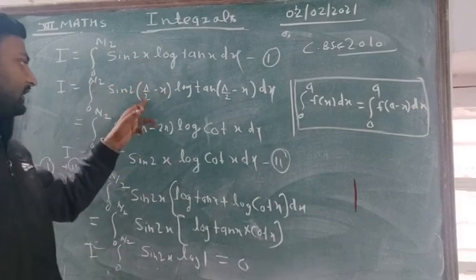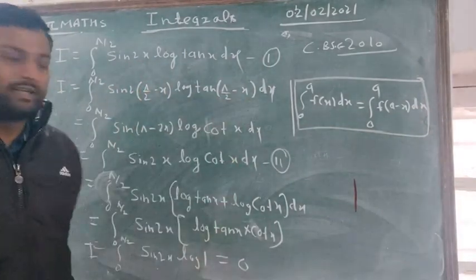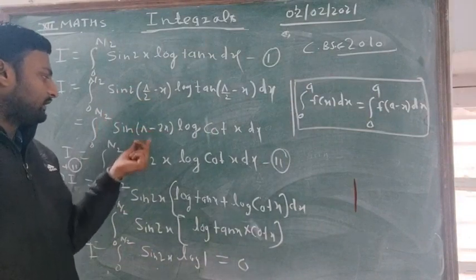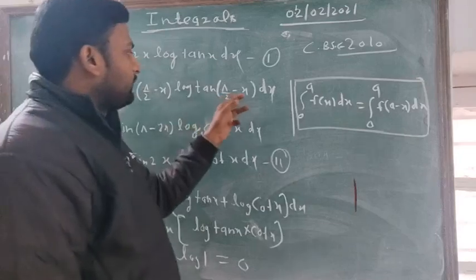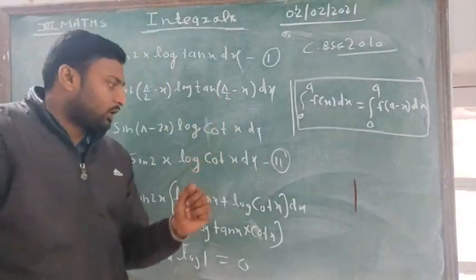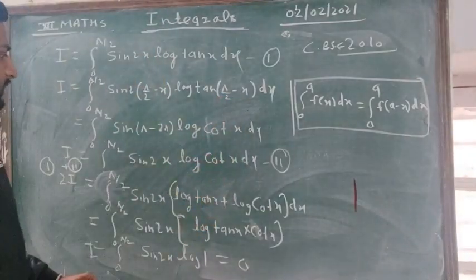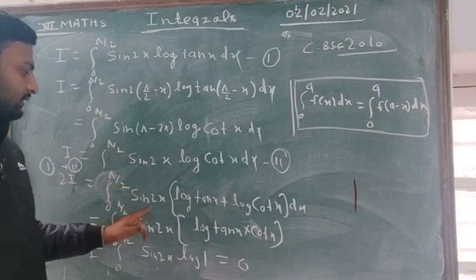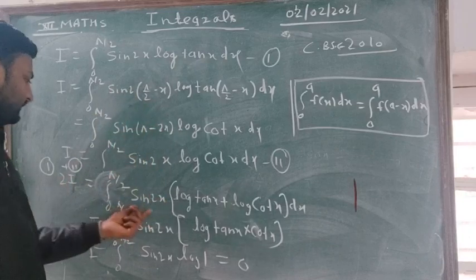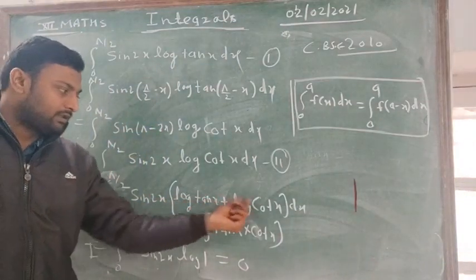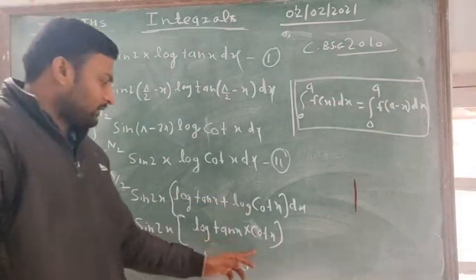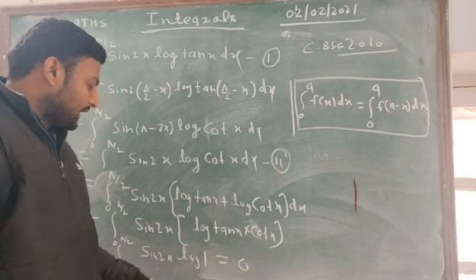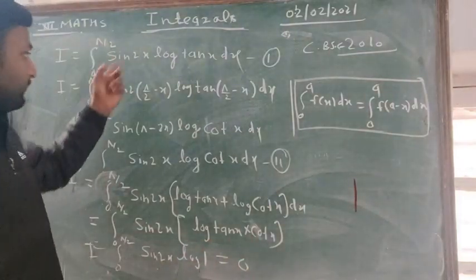So we replace x with pi by 2 minus x, and when we write sin inside, we get sin(pi minus 2x), which changes to sin 2x, and tan(pi by 2 minus x) is equal to cot x, so we get log cot x. Adding these two, sin 2x is common, log m plus log n we can write as log m into n, and tan and cot cancel each other. So here is log 1, and log 1 is 0, so the integration of this question is 0.